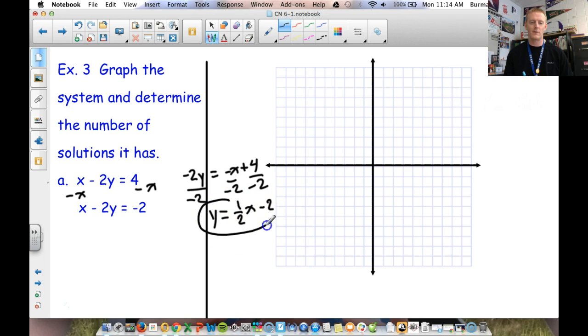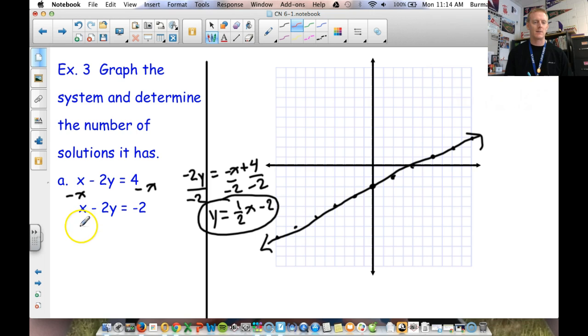So we can graph this equation. Going down 2, put a point, and our slope is 1/2. So up 1, right 2, up 1, right 2. And we're going through the entire graph like we discussed on the previous problem. That way we can again find this one specific point or the many points that the graphs intersect.